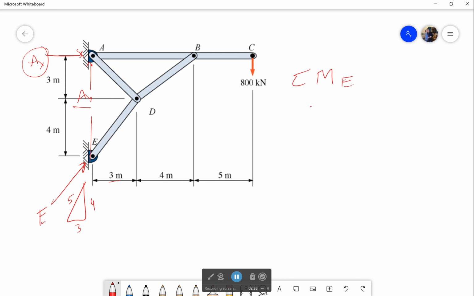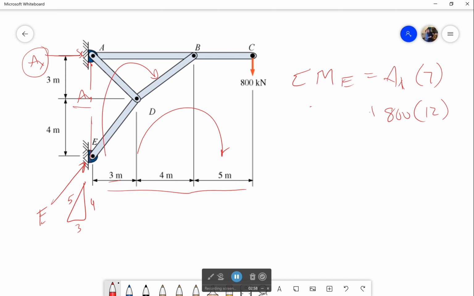Okay, so the moment about E is going to be equal to, well, I've got AX times the distance of 7, and that's going to be clockwise, okay? And then I have 800 times the distance of 12. And that's also going to be clockwise, which tells me I drew AX in the wrong direction, as always. And so that's going to make the sum 0.